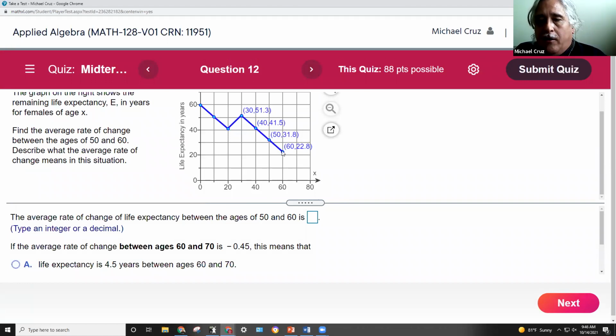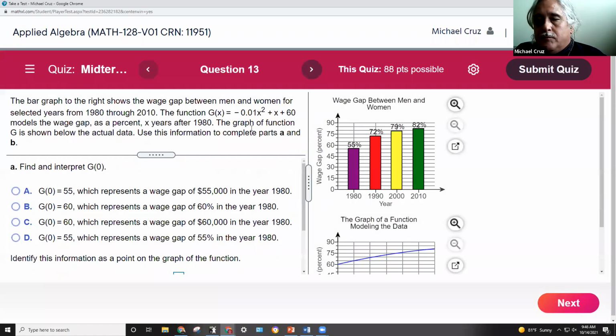In the denominator it'd be 60 minus 50, and the numerator is 22.8 minus 31.8, just to save you some time on that. And that just tells us how much it changes over time. Find the G of 0.